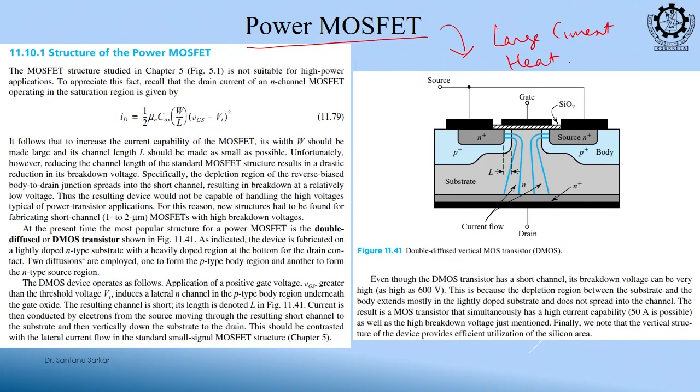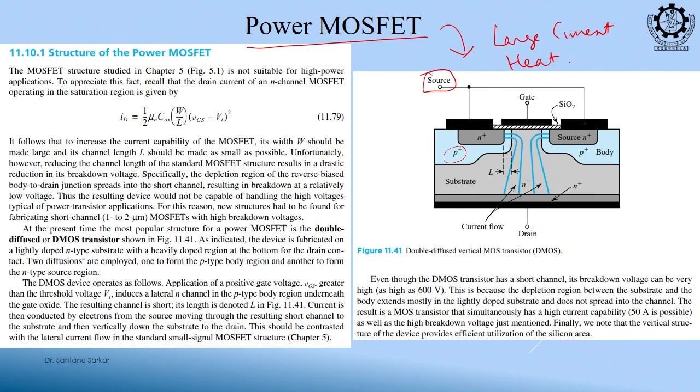So, what you can see is that these upper two junctions, they are N plus doped and surrounded by a P region. And these two junctions are shorted and used as a source.